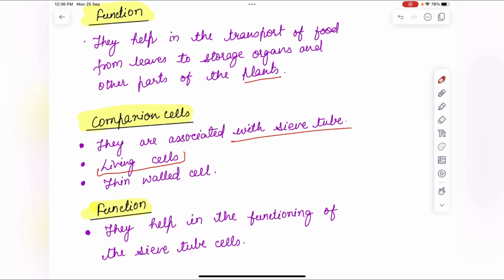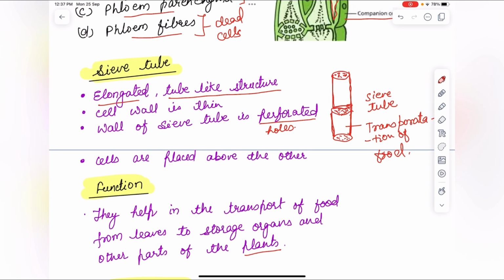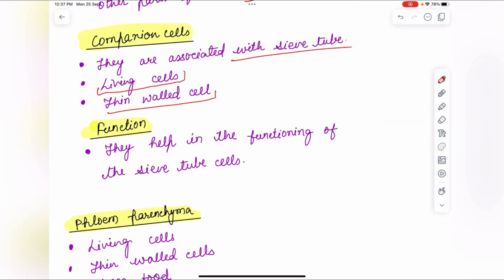The cell wall is thin. These companion cells are smaller cells having dense cytoplasm and a prominent nucleus. This companion cell helps the sieve tube in conduction of food materials. The function is they help in the functioning of the sieve tube.